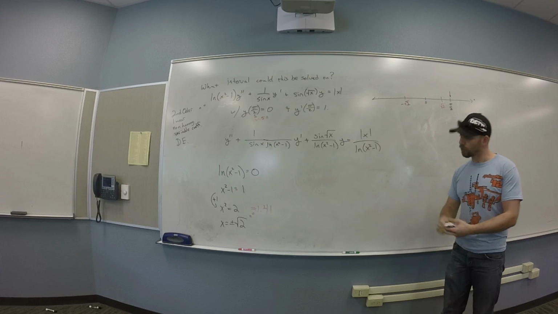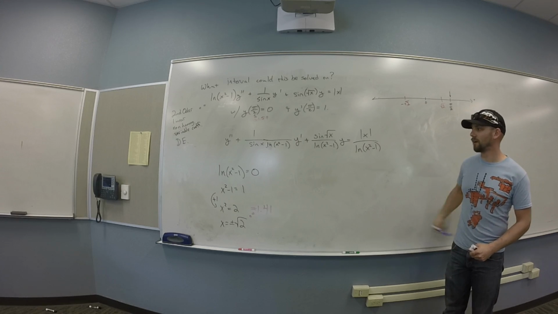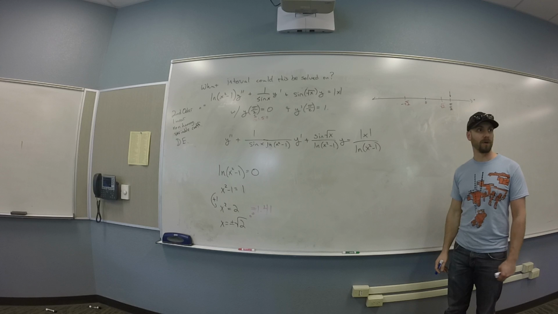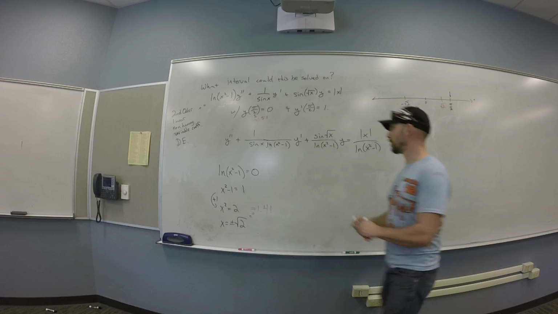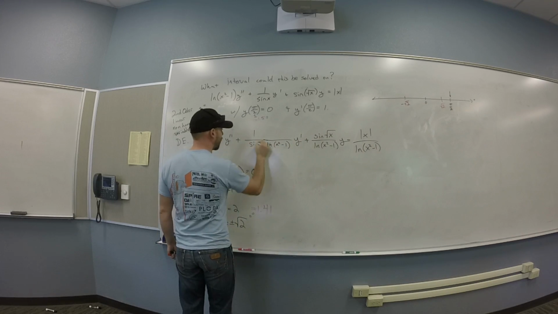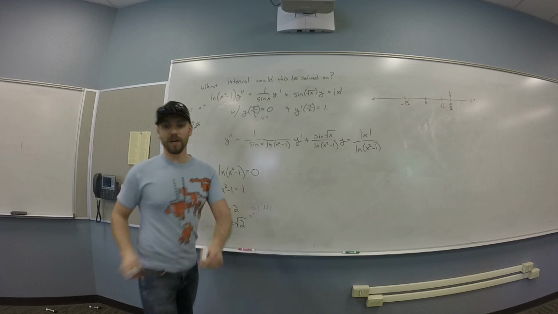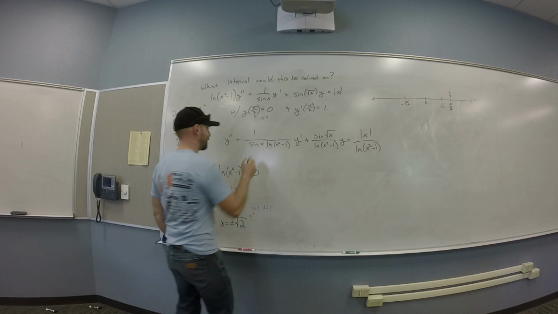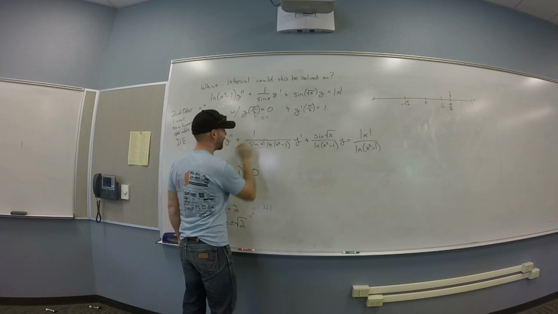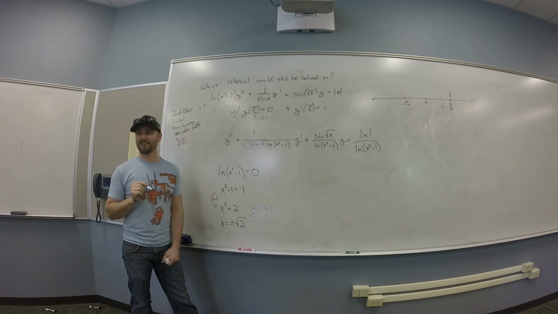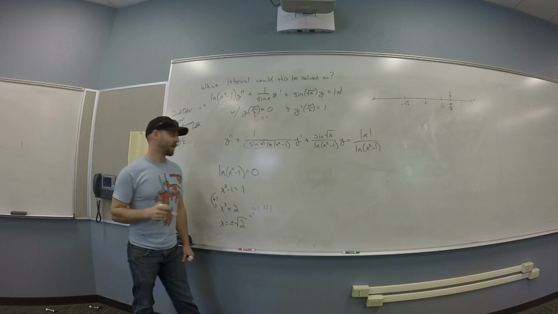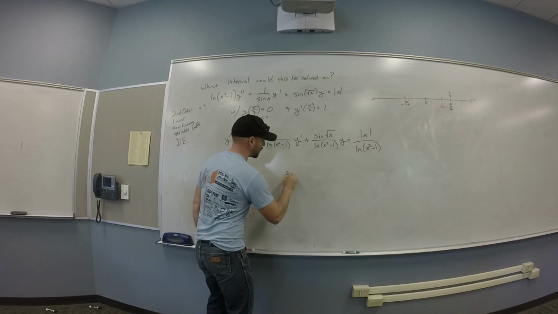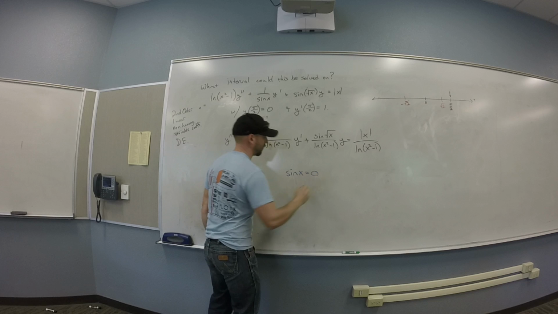Now you might do what Tony was doing, and say, okay, what other thing should I be worried about? Sin x. I should also be worried about dividing by 0 in other ways. Because I'm dividing by sin x, I should be wondering, when is sin x equal to 0?